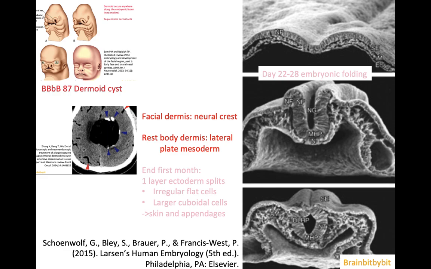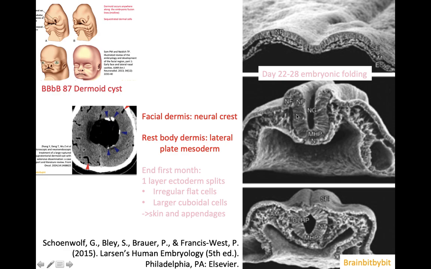So in the previous video we talked about dermoid cysts, which were inclusion cysts occurring anywhere along the lines of embryonic fusion by sequestrated dermal cells. And I have some electron microscopic images from the fourth embryonic week.